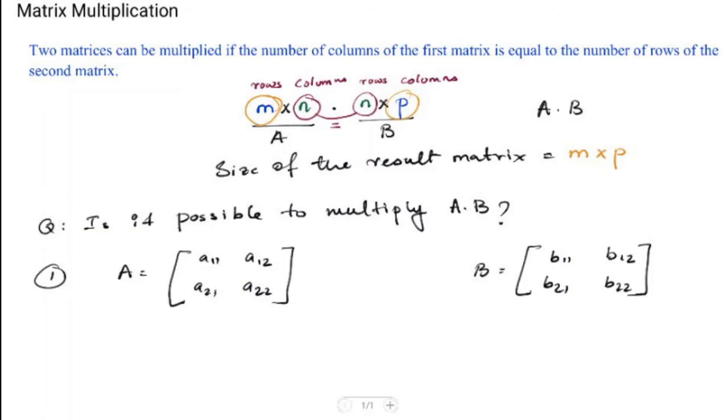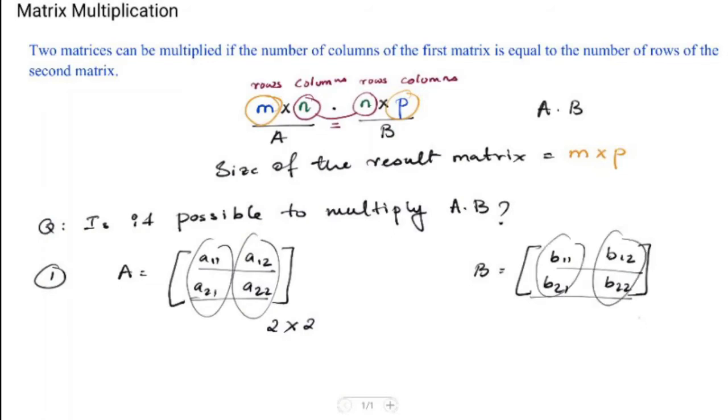So let's now write down the sizes of these matrices. Here we have two rows and two columns. And here we have again the same, two rows and two columns, so that would be again two rows times two columns, the size of these matrices.